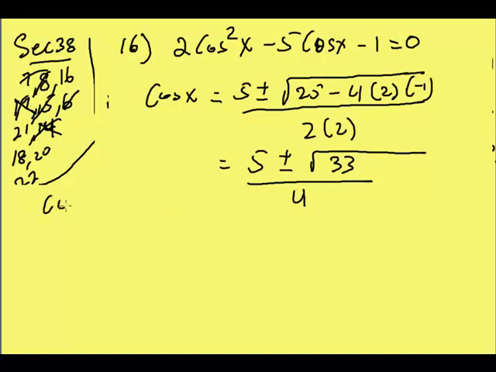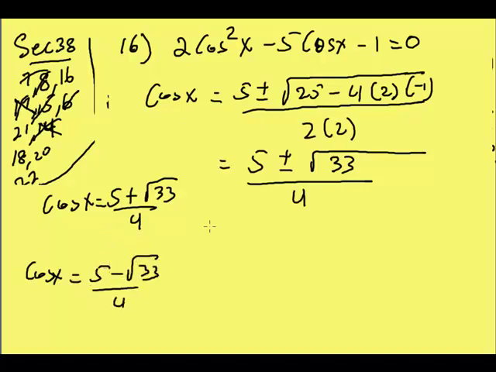So I have cosine of x is equal to 5 plus root 33 over 4, and cosine of x is equal to 5 minus root 33 over 4, and I need values for both of these. Let's go.